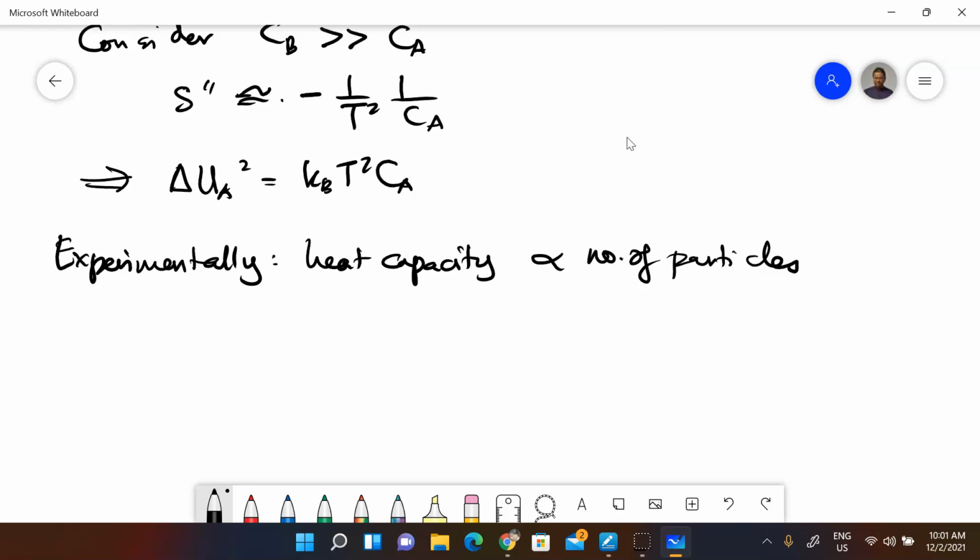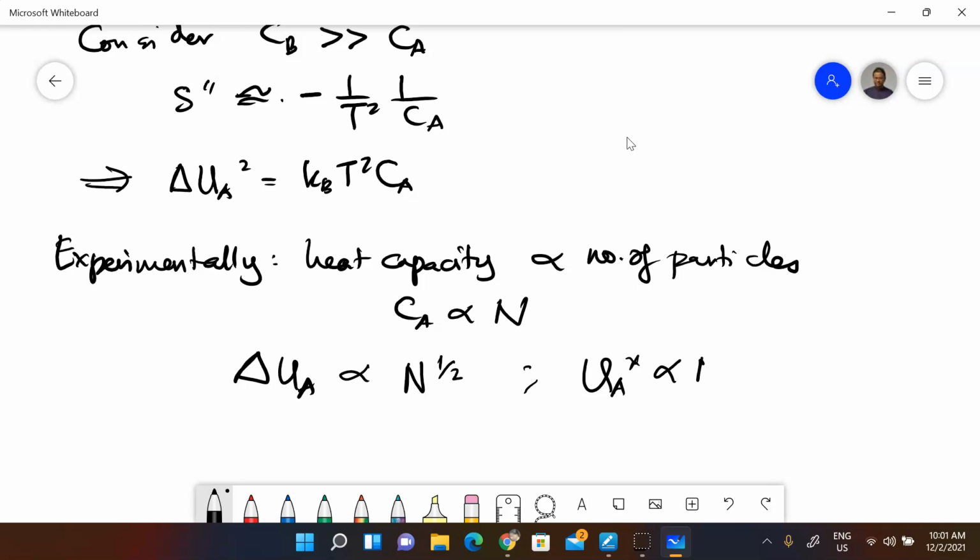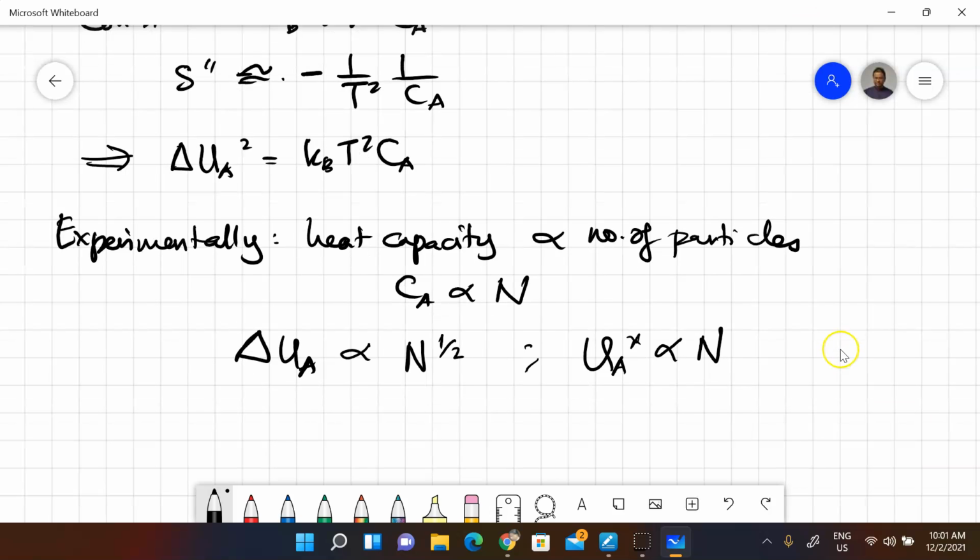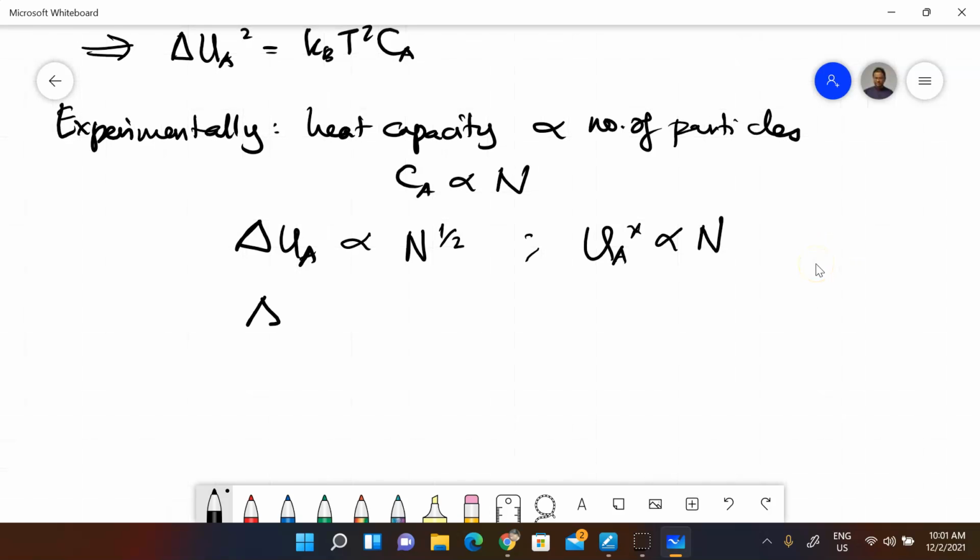So here, CA is proportional to, say, N, then your delta UA, that means I'm taking the square root of that, is now proportional to N to the half, and UA star, where you want to compare the fluctuations with respect to the equilibrium condition of the energy, is proportional to N. Then you can take the ratio between the two, delta UA divided by UA star, and this is roughly proportional to N to the minus a half.